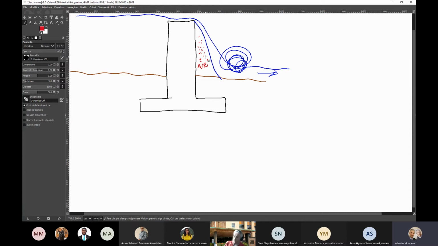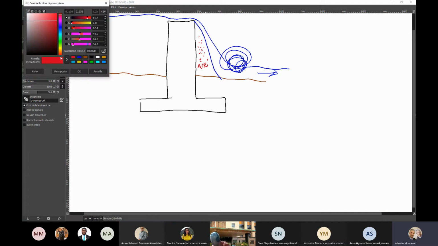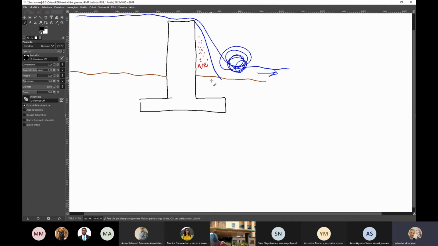Now, what I said is that this turbulence is causing erosion, and therefore I place big boulders here, because I don't want this turbulence excavating downstream of my structure. Okay, this is what I said.